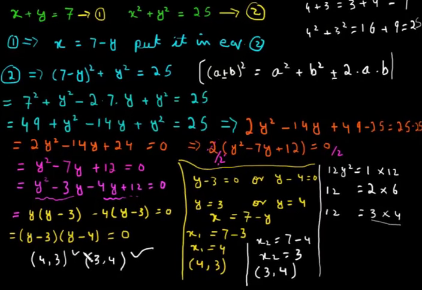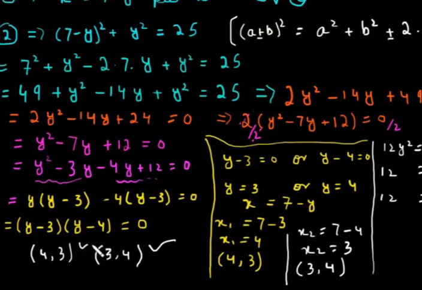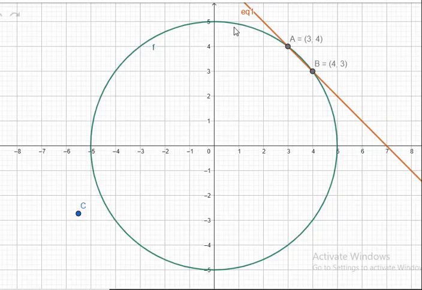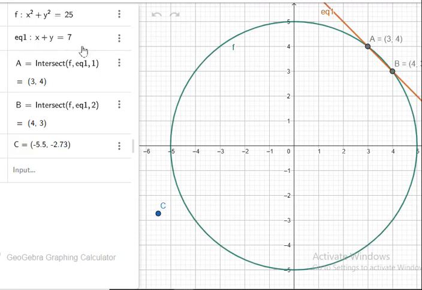I call this the magic pair finder. Okay, it's a quadratic, but it feels magical. Now let me tell you that this is the circle whose equation is x squared plus y squared is equal to 25, and this is the line that has the equation x plus y is equal to 7.